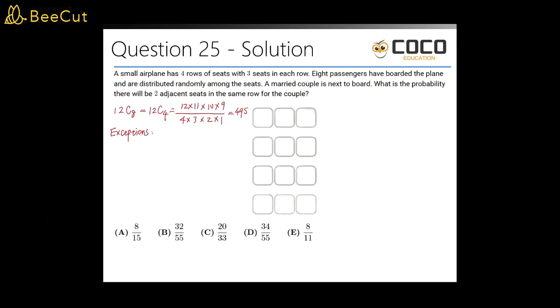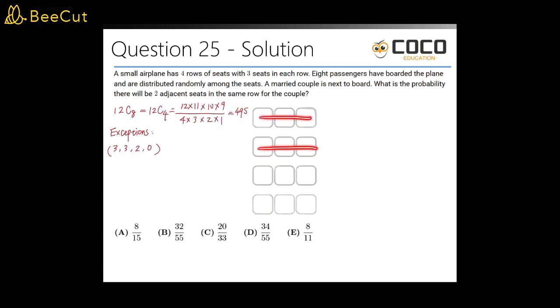So we consider these 8 passengers first. The first composition is 3, 3, 2, 0. It means one of the rows has 3 passengers, another one has 3 passengers, the next row has 2 passengers, and the last one has 0. Total is 8 passengers.